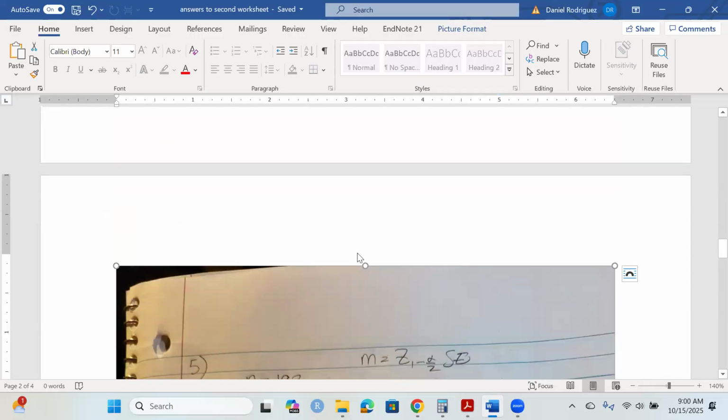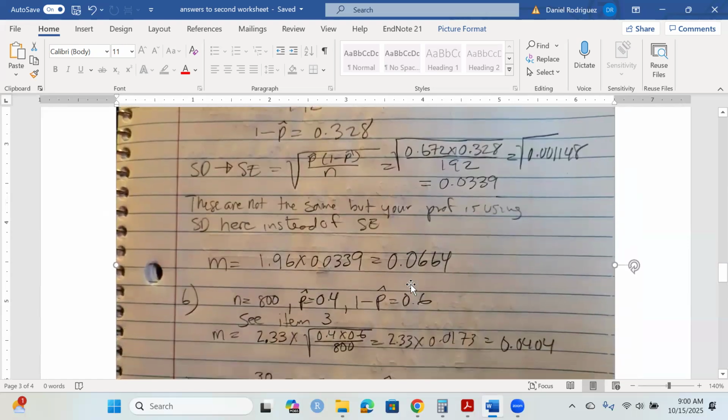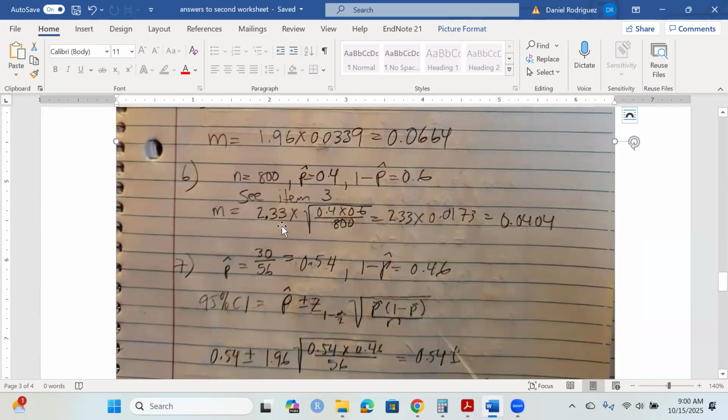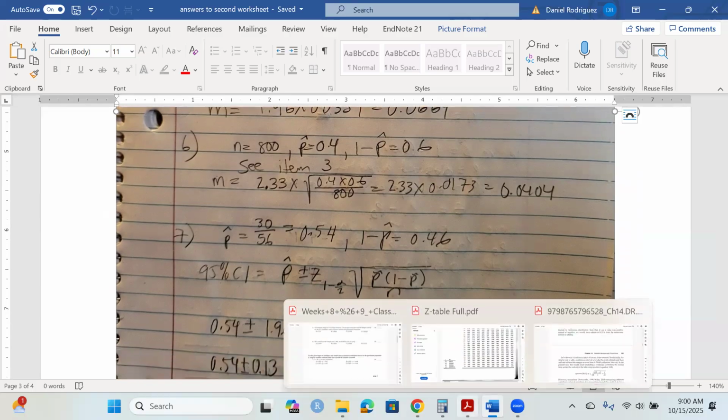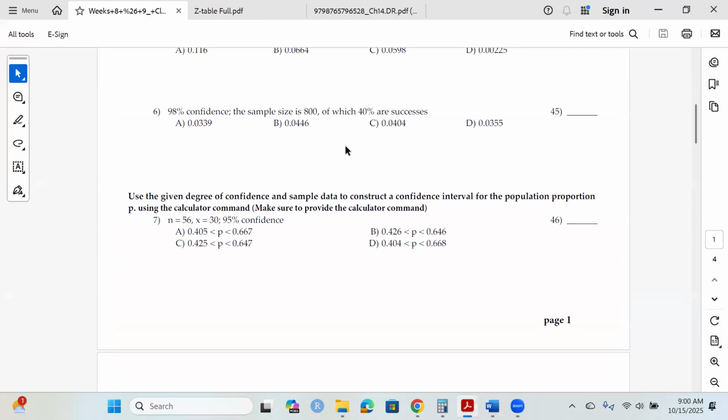So I could just plug that value in: 2.33 times the square root of p-hat times 1 minus p-hat over 800. We get 0.0404. Let's check, see if that's right. Obviously I know it's right because I already checked it. Yeah, here it is.